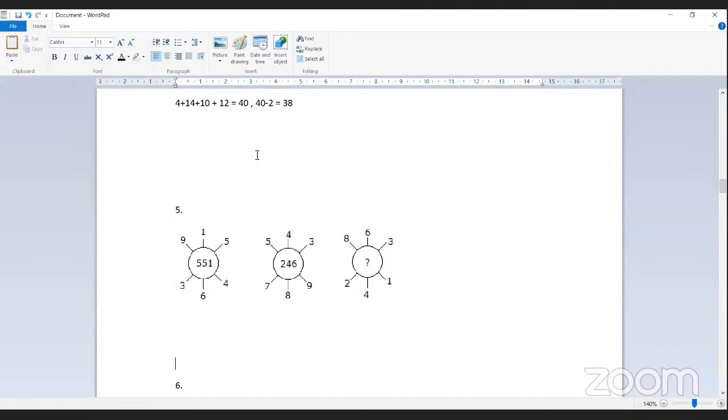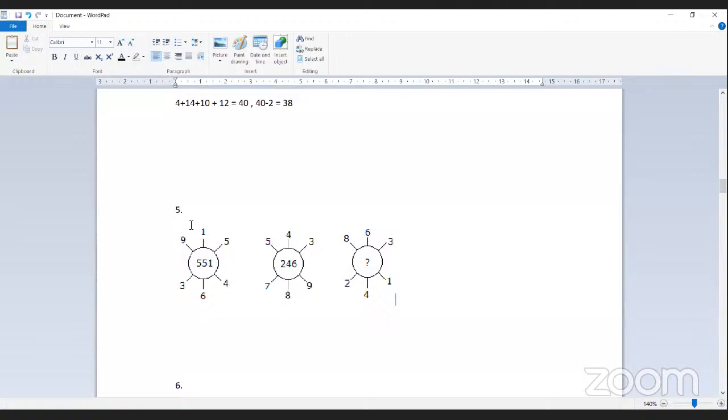Okay. This is one of the simpler ones. See, one thing can be, 9, 1, 5, 3, 6, 4 are different numbers, and you have to combine them in a form to get the number 551. But 551 and 246, they both are very high numbers. So first try the simplest method. It may work.